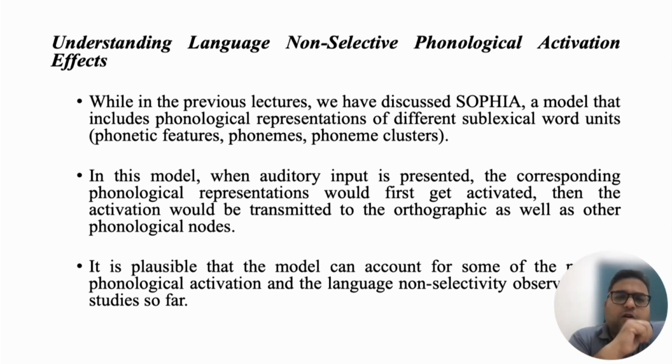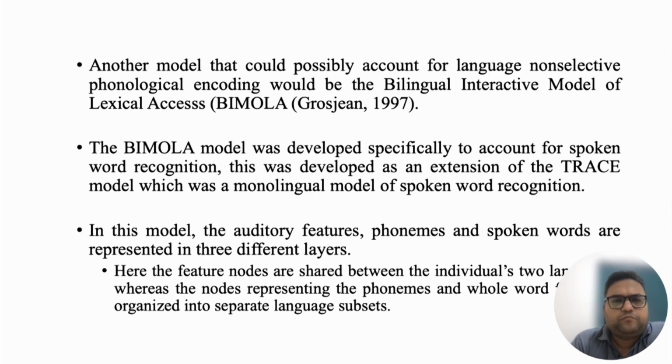In the SOPHIA model, whenever the auditory input is presented, the corresponding phonological representations first get activated, then the activation is transmitted to the orthographic as well as other phonological nodes, and this is how things move ahead. You can refer to the previous lectures where I have discussed the SOPHIA model in much more detail. It is plausible that this model can account for some of the phonological activation and language non-selectivity observed in the studies we've seen so far, the Marian and Spivey studies.